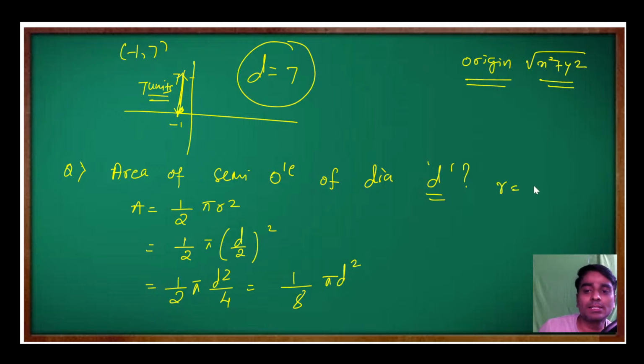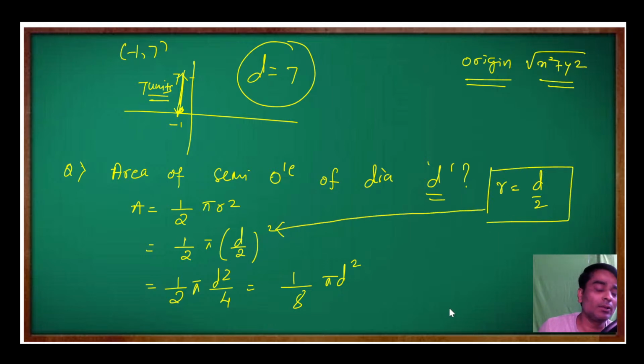Because r is d by 2, half of the diameter, I have substituted r equal to d by 2. So we should use r equal to d by 2 since diameter is given. D square by 4, which gives 1 by 8 pi d square.